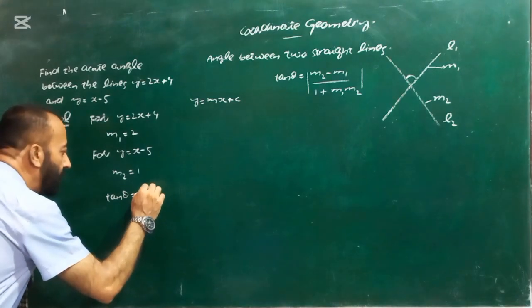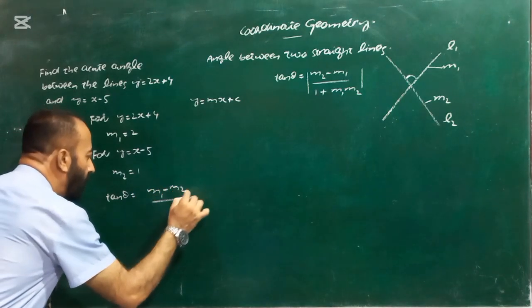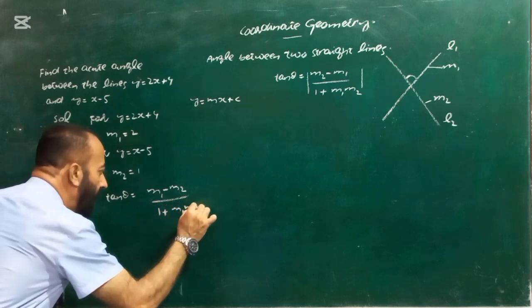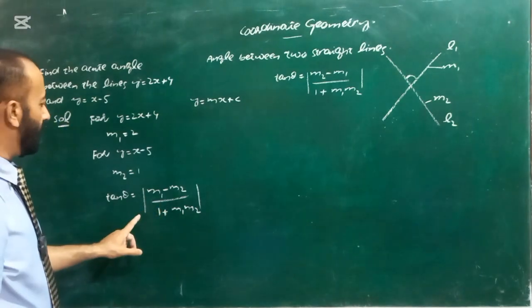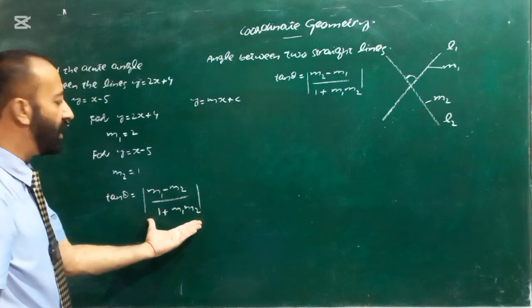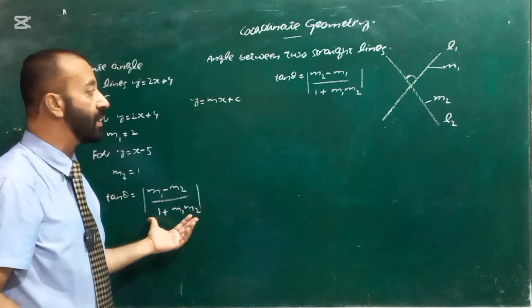Tan theta is equal to m1 minus m2 over 1 plus m1 m2, mod. So look now, mod is always placed around these values because to get the answer positive, this is necessary.